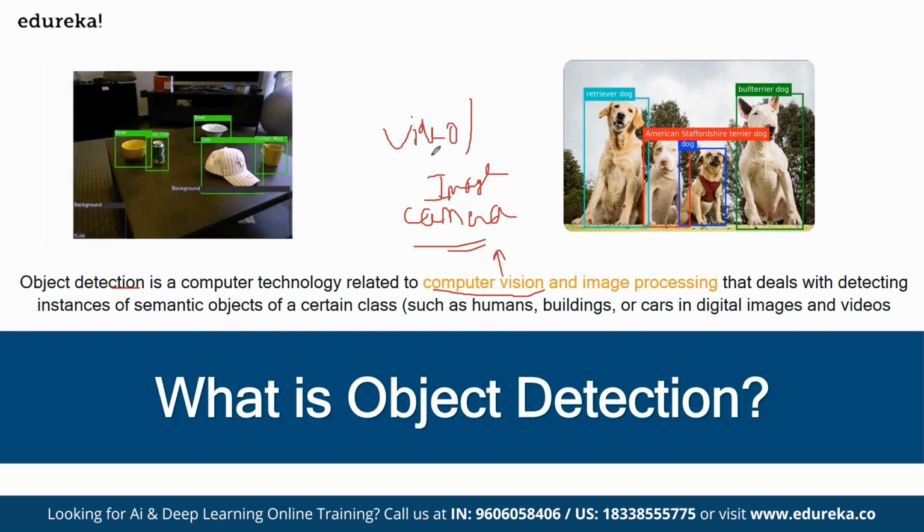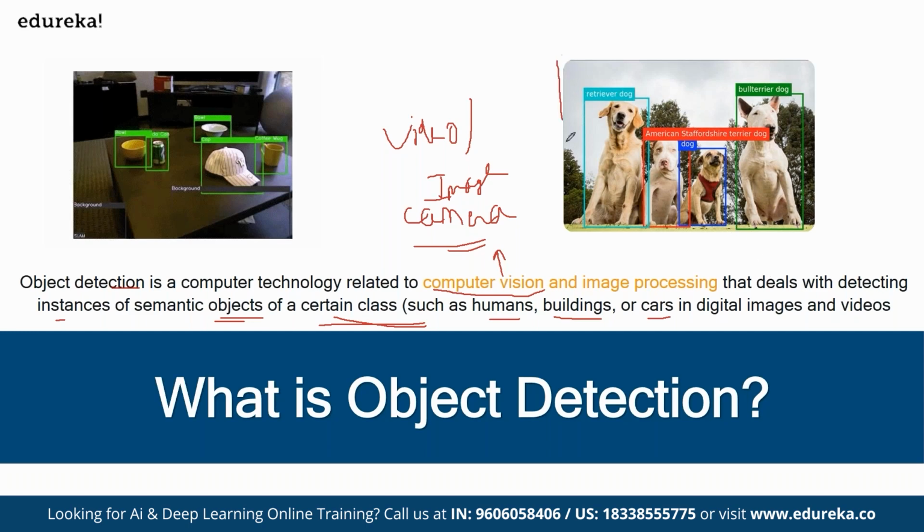I'll process this individual video or image data, and then detect whether that specific image has objects of a certain class. So this object can be something like whether my given image has humans in it, or buildings, or cars. All these things we will be detecting.